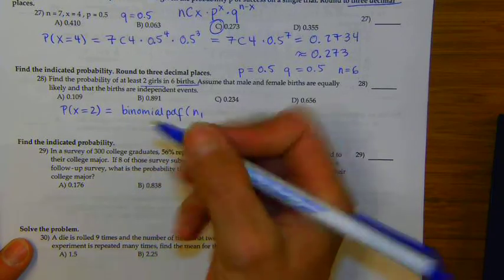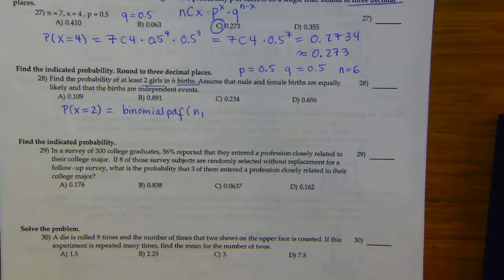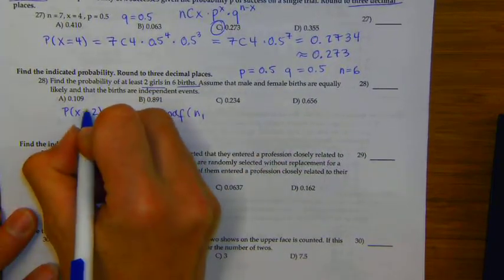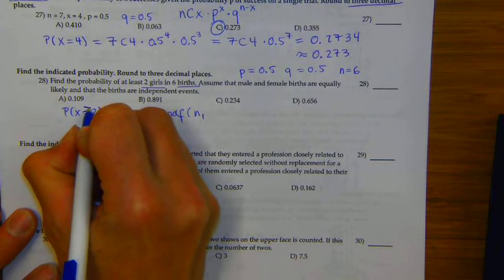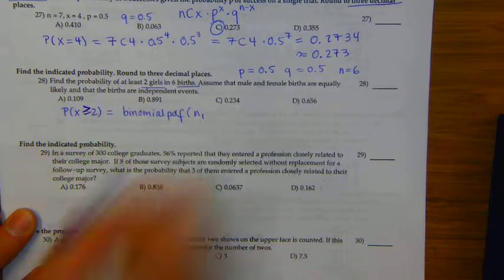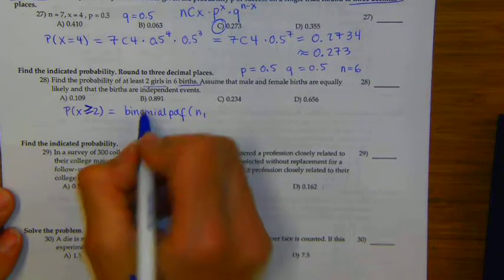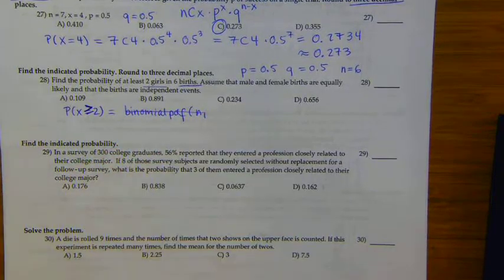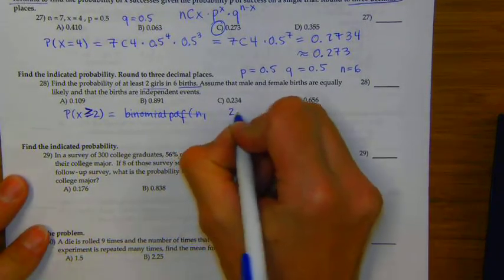All right, I'm just looking over here and it says at least 2 girls. So I apologize, this should be x greater or equal to 2. Okay, so let's go back to this. Since we're looking for x greater or equal to 2, that would mean 2 girls or 3 girls or 4 girls or 5 girls or 6 girls.